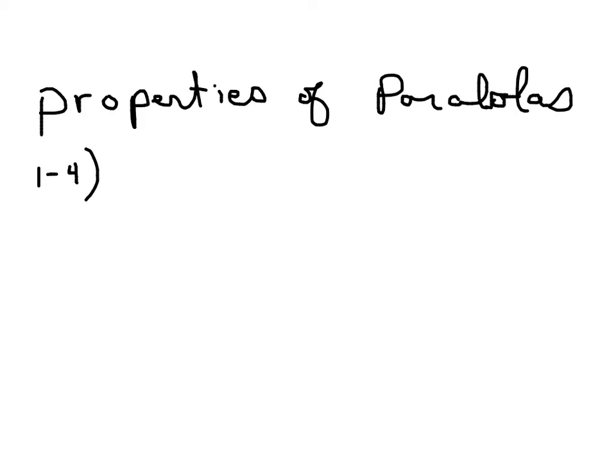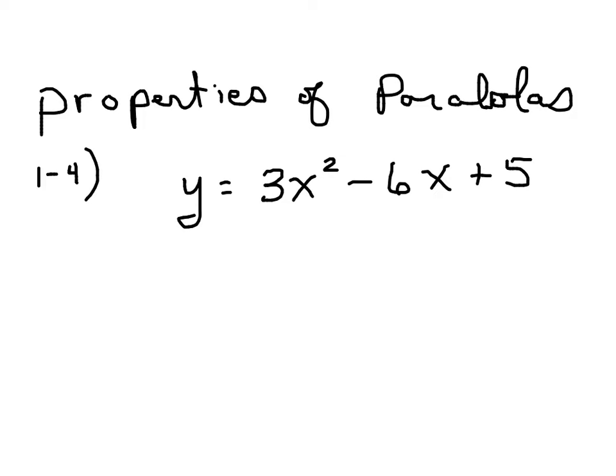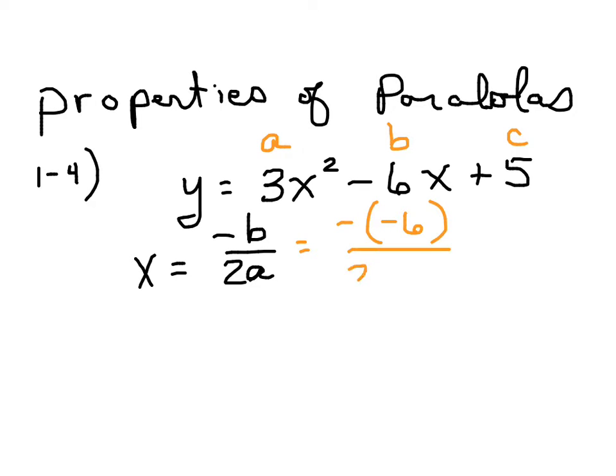Now in order to identify the vertex, if you've got a problem like 3x squared minus 6x plus 5, one of the easiest ways to do that is to use that formula that I had for you guys on the previous video, where recall this is A, this is B, and this is C. So in this case, my B is negative 6, so I have negative 6 over 2 times 3 in the A position.